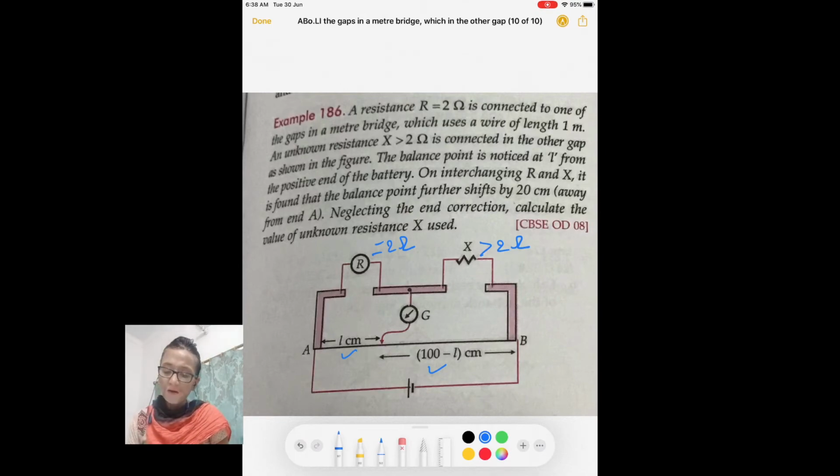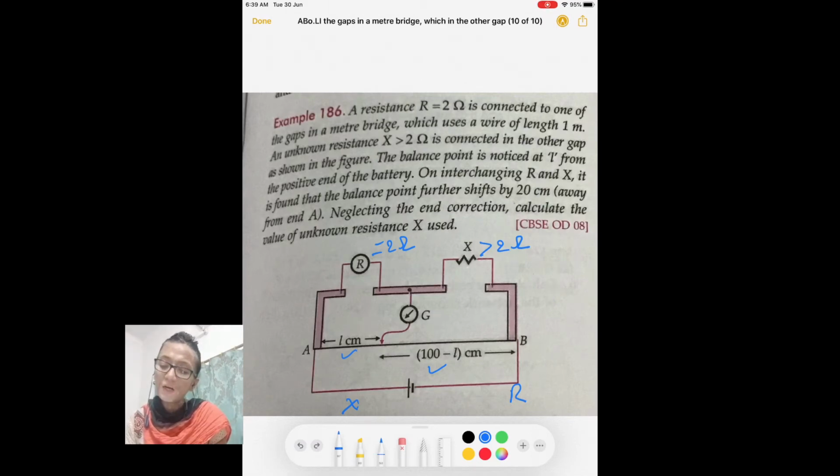And when you interchange R and X, it is found that the balance point shifts further by 20 centimeter. So when X is applied along this end and R is applied along this end, then the balance point is changed.